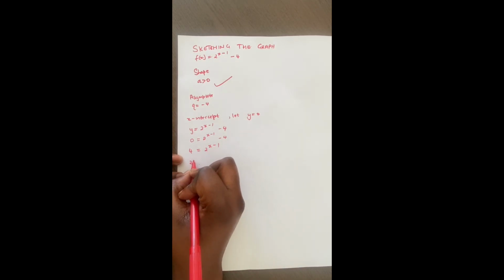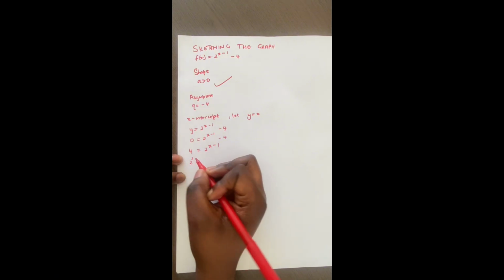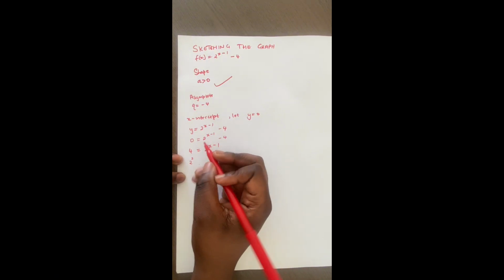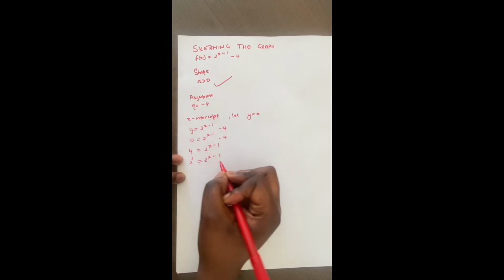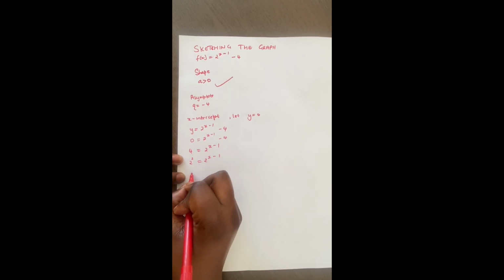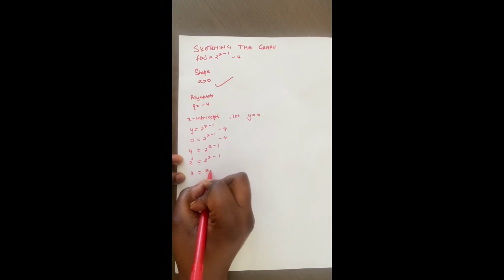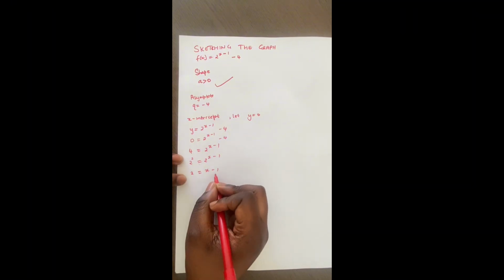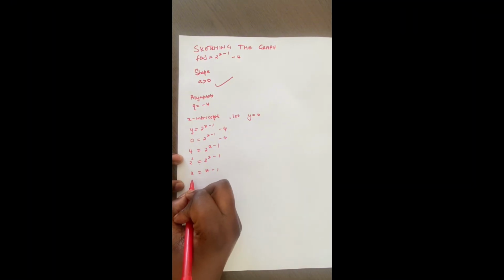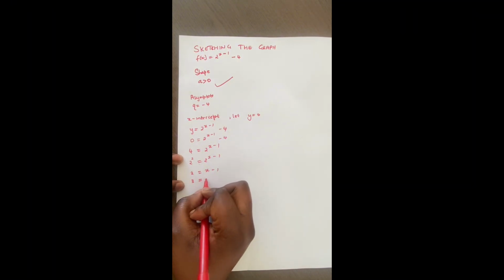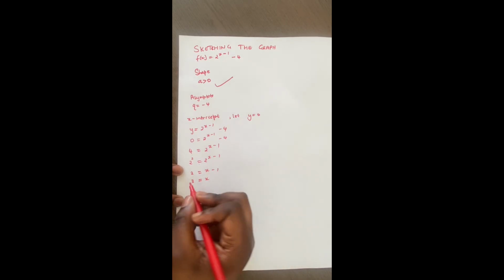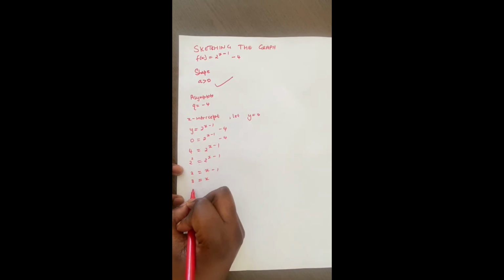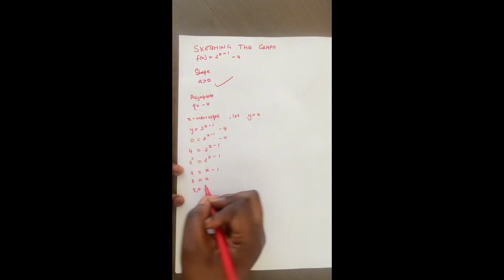So it's going to be 2 to the power of 2. 2 to the power of 2 is 4, right? So 2 to the power of 2 is equal to 2 to exponent x minus 1, and then the bases are the same. That means it's going to be 2 is equal to x minus 1, and then you transpose the 1 again, so it's going to be 3 is equal to x.